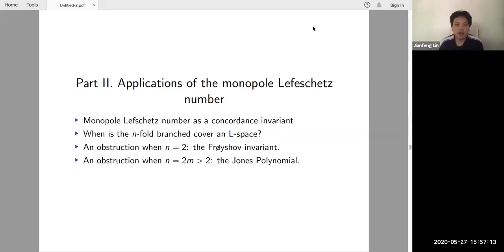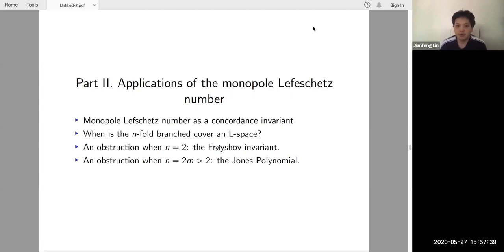Okay, so I will continue with part two. This part will be mostly about applications of the monopole Lefschetz number. I will start by defining a concordance invariant for knots using this monopole Lefschetz number. Then I will use this invariant to investigate the question: when is an n-fold branch cover over a knot an L-space?